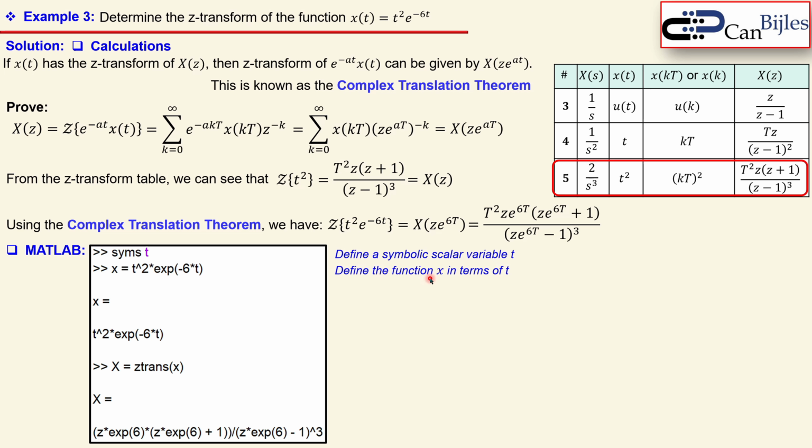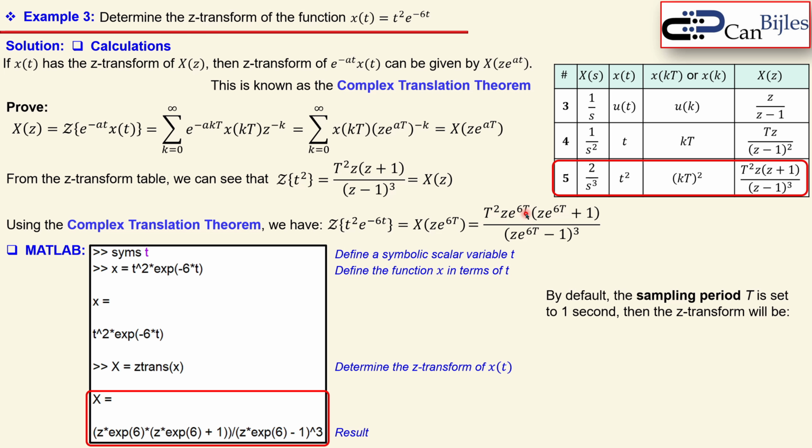This is the function. This is how we determine the z-transform, and this is the result. What you see now is a parenthesis times something. Again, there is no sampling time involved, because T is 1 by default. So you see here z times e to the power a, which is what we have here.